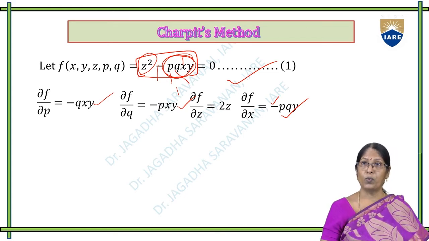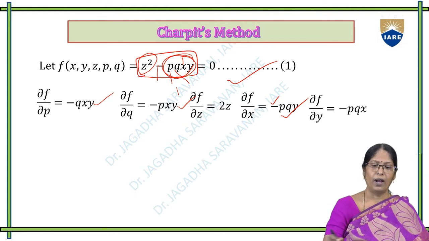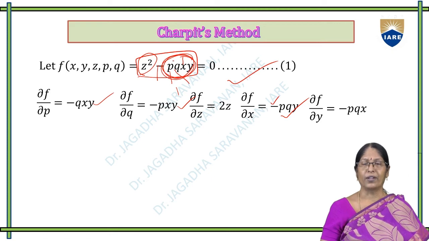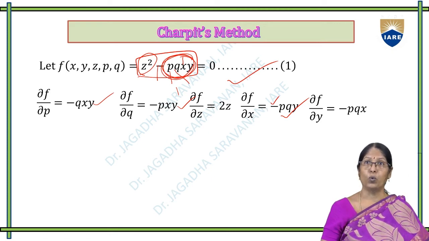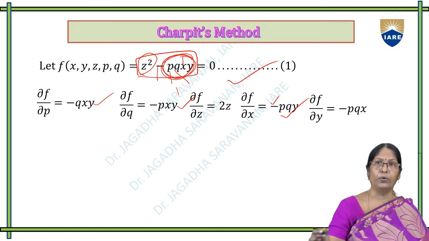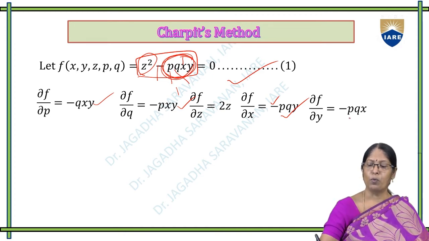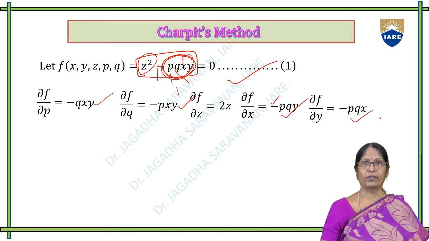The next one is dou f by dou y. Again in our question only here y is there. Y differentiation is 1 into minus pqx. So minus pqx.